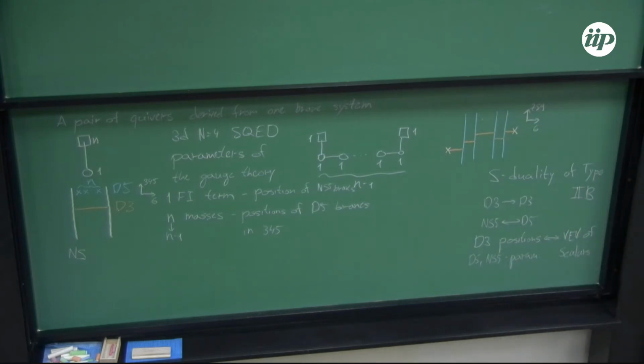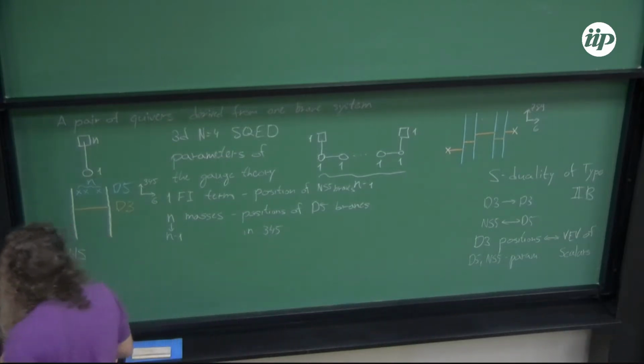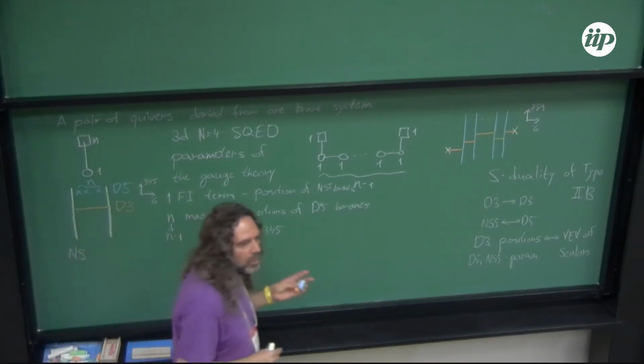They set the gauge theory. They are masses, they are Fayet-Iliopoulos terms. Once I fix them, I can study the corresponding quantum field theory. Any questions about this point?